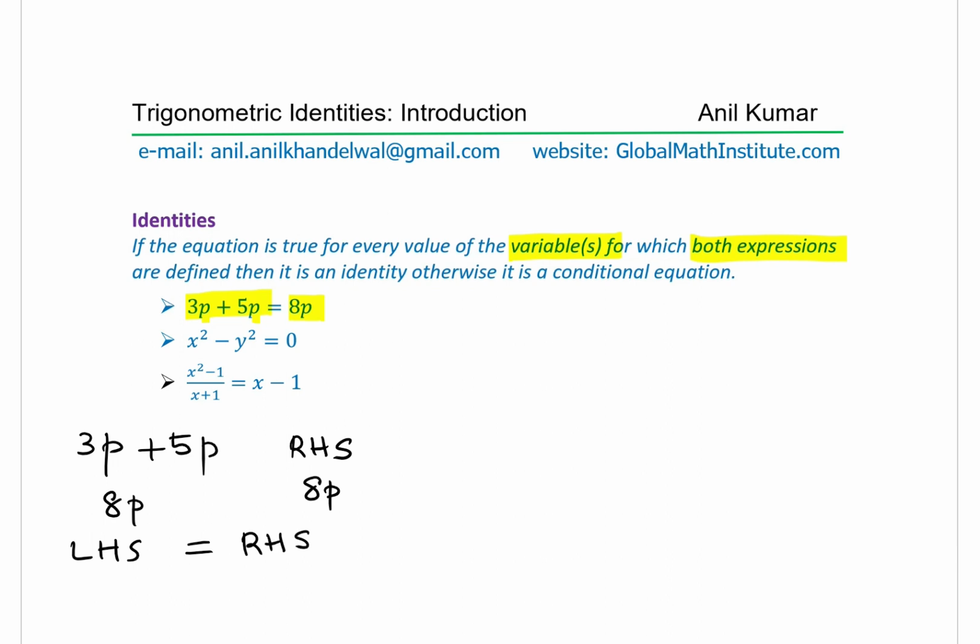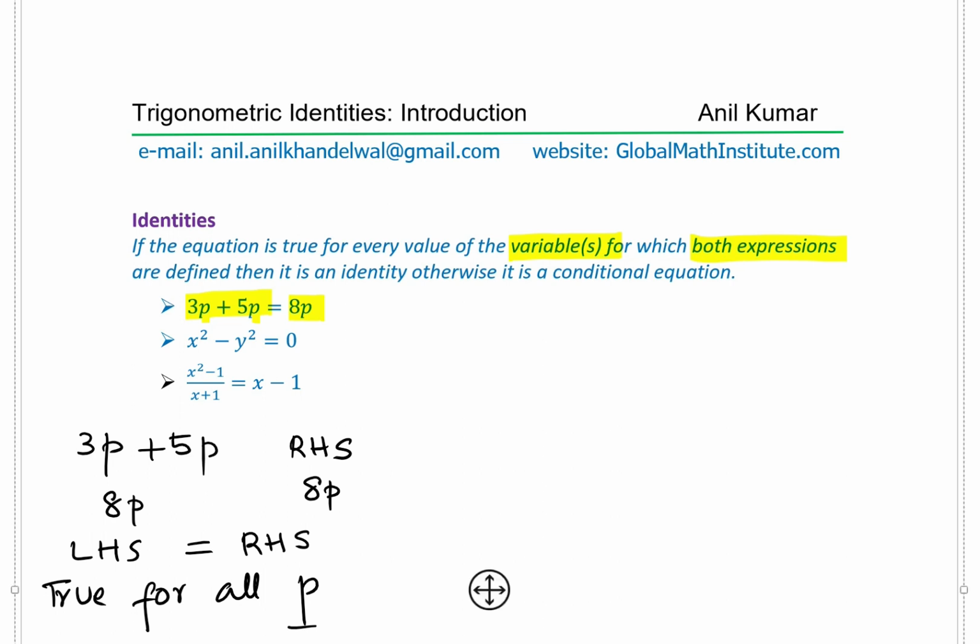Is that clear to you? Now that is true for all p. Technically we say where p belongs to real numbers, but let me keep it simple: true for all p.